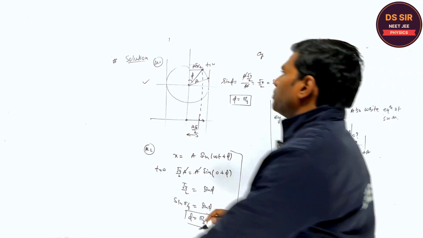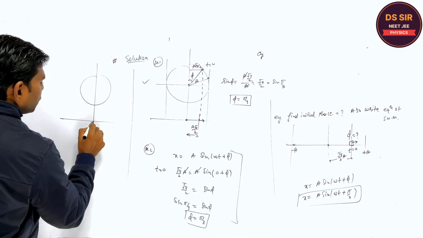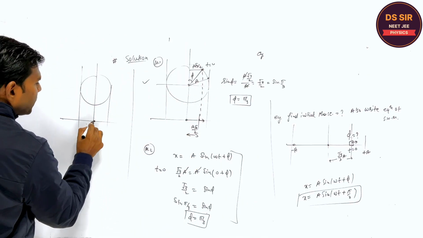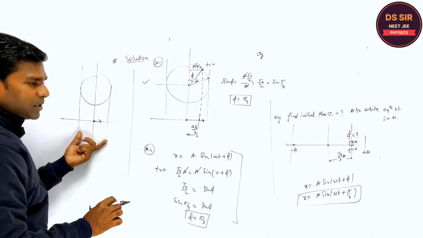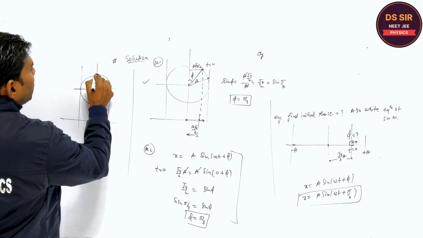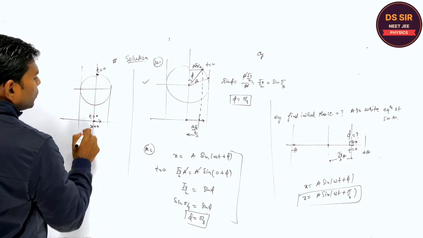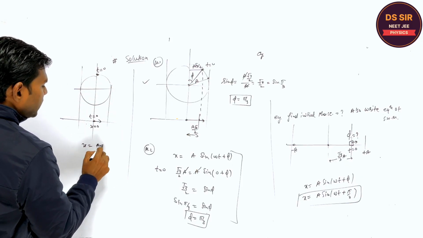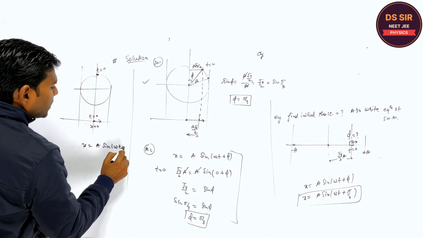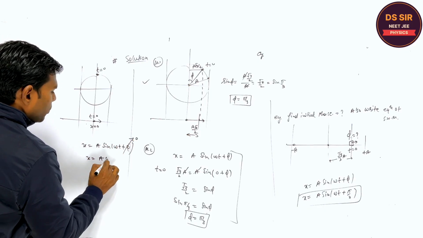Listen one more thing. In the previous lecture we took a special case when the particle starts its motion from x is equal to 0, the mean position, at t is equal to 0. Here the initial phase is 0. That is why we write a sine omega t plus phi, and this phi is 0. So x is equal to a sine omega t.